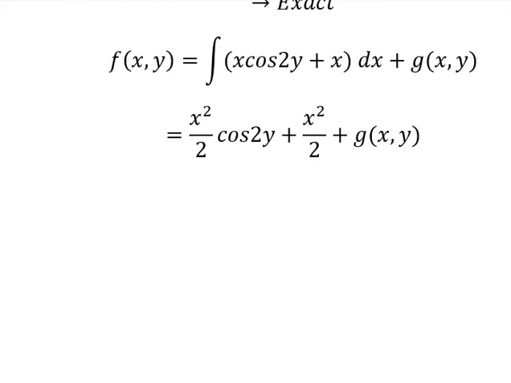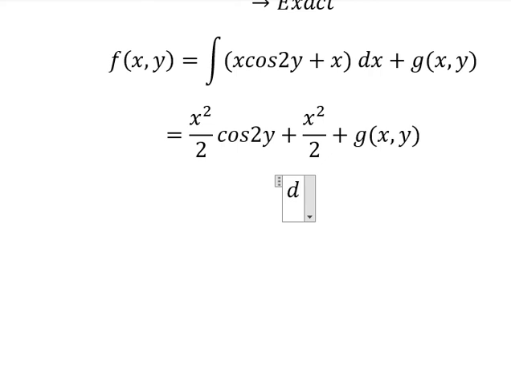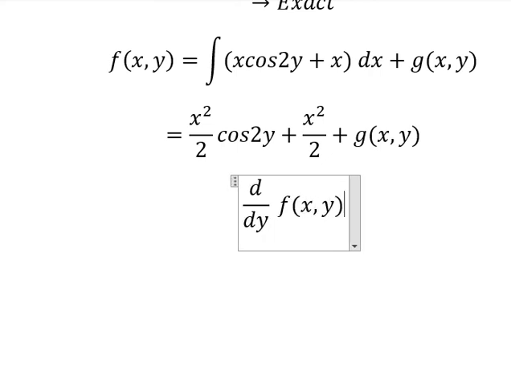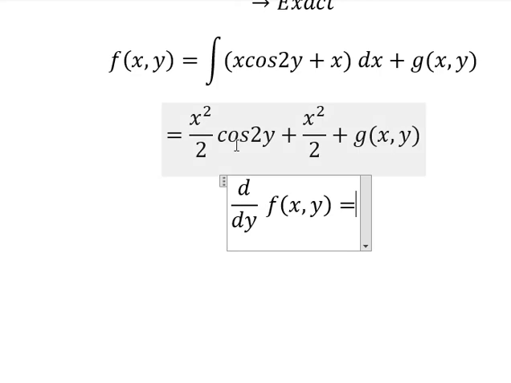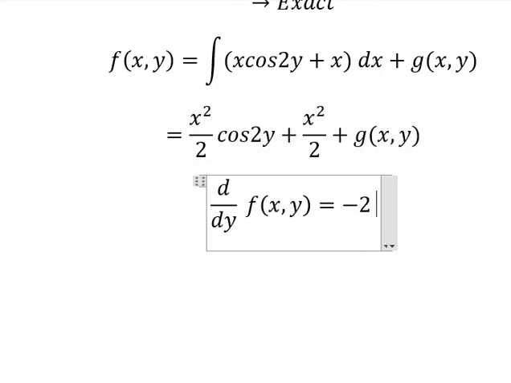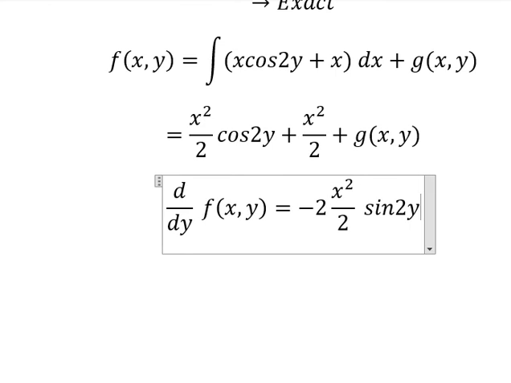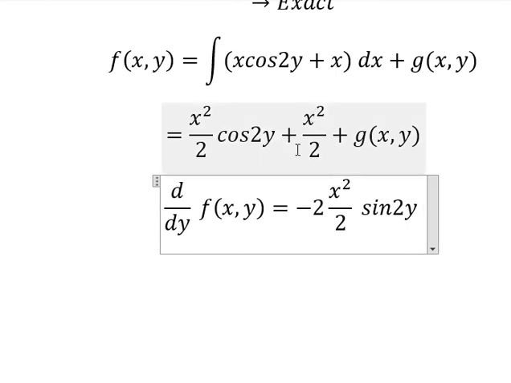Next, we need to do first the derivative of f with respect to y for both sides. So this one we have negative number 2 x squared over 2 sine 2y. The next one we don't have y, so you got 0.